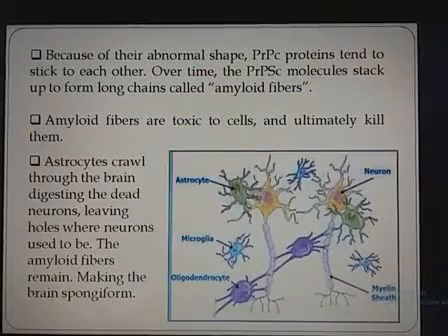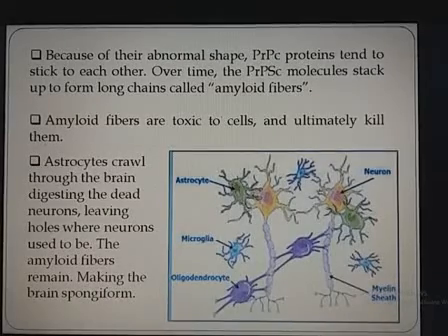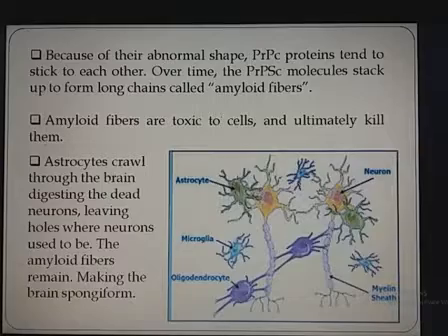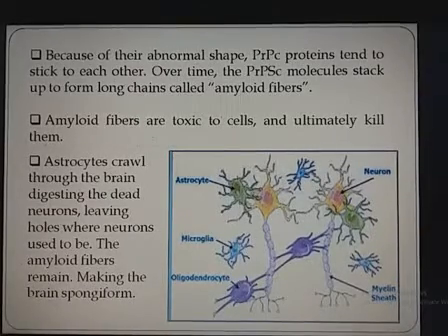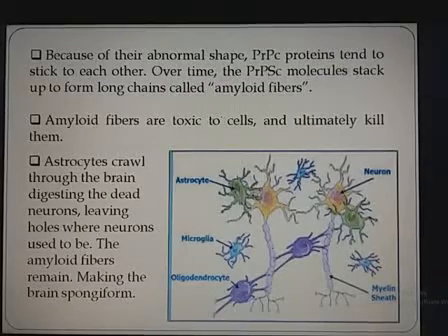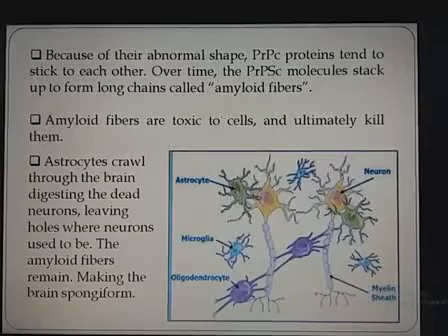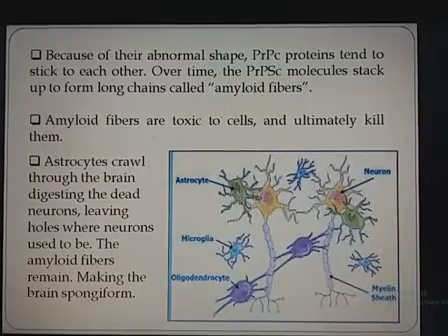And finally, when the abnormal shape is produced, that means when the PrPSc protein is produced, it tends to stick to each other, and over time that abnormal protein stacks up to form long amyloid fiber structures, and these amyloid fibers are very toxic to the cells and ultimately kill the normal neurons.